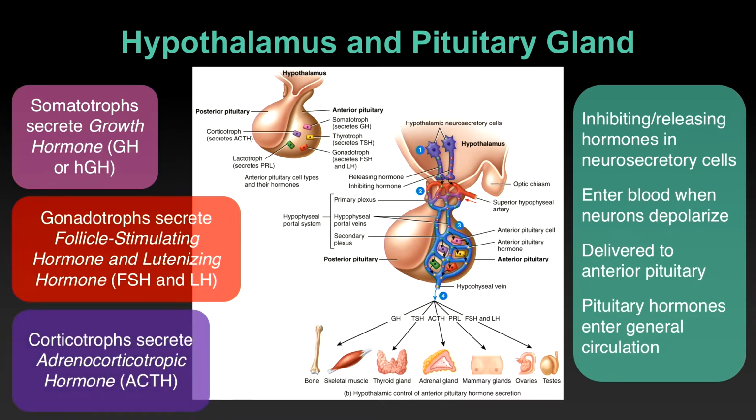And I thought I would throw this up here too, because the cascade of events in the HPA axis that we just talked about is located here as well. Corticotrophs secrete adrenocorticotropic hormone, which is the link between the pituitary and the adrenal gland that eventually releases cortisol.